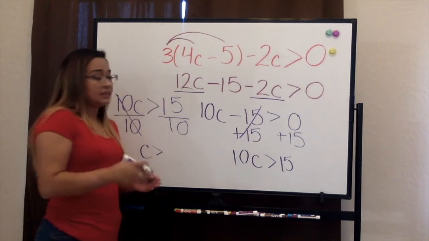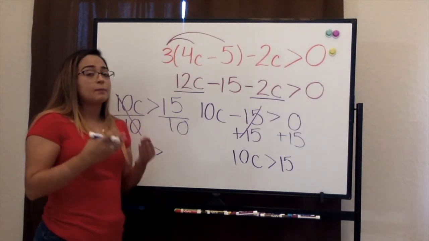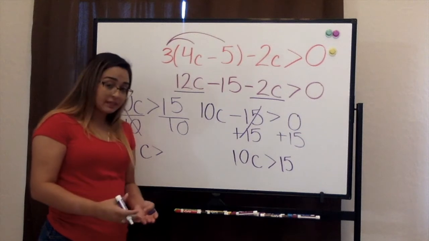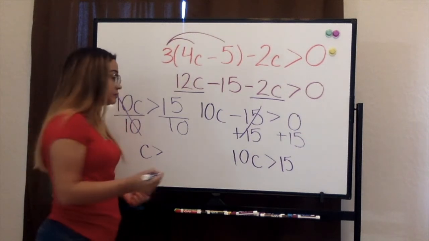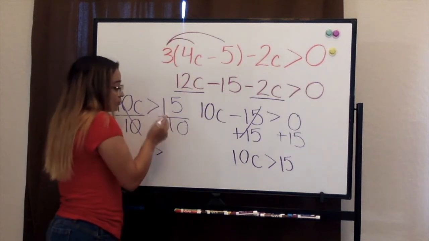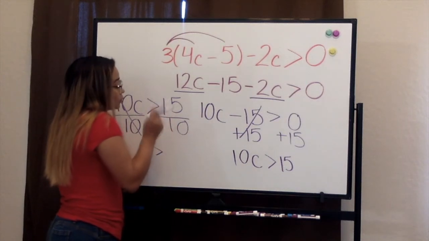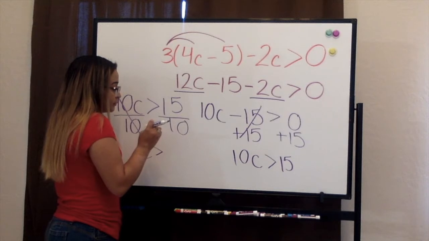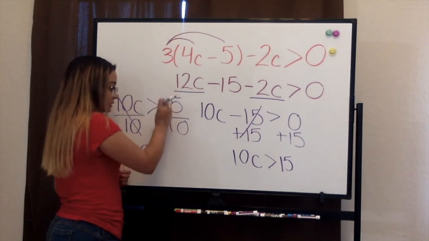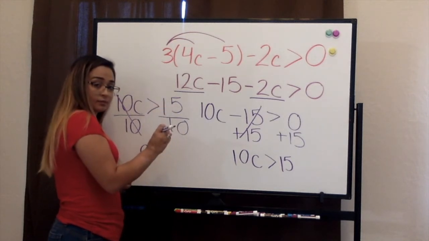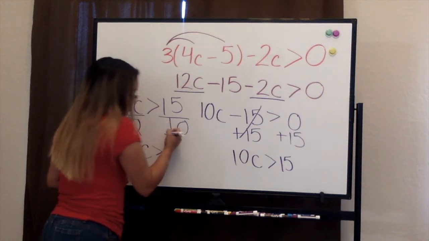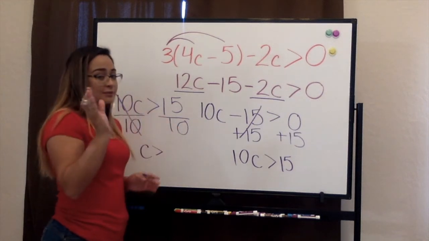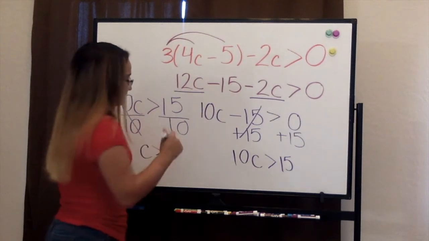15 over 10. Now is this something that can be simplified? Yes, it can. So, what number goes into both of these? 3. Actually, scratch that, it's 5.